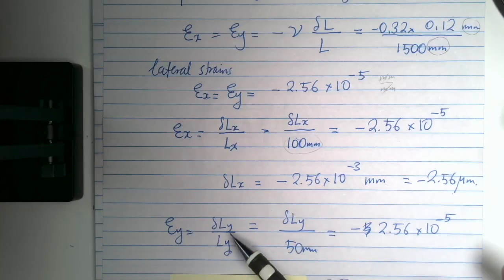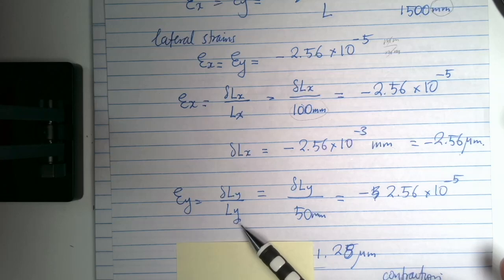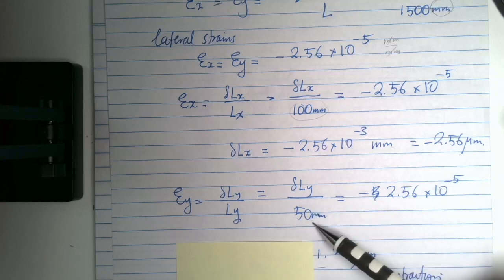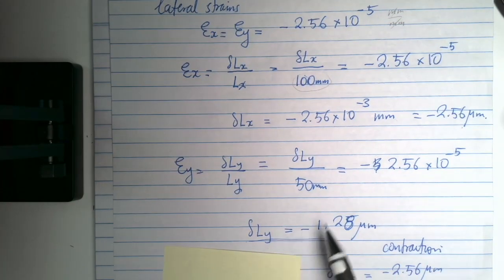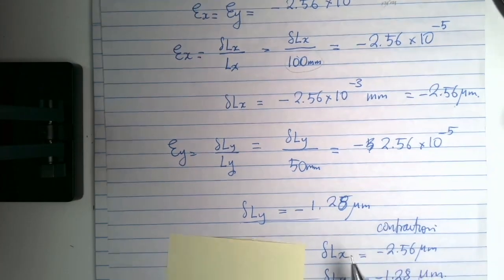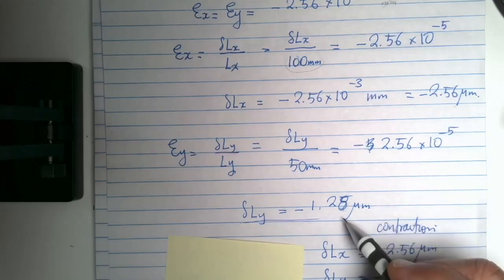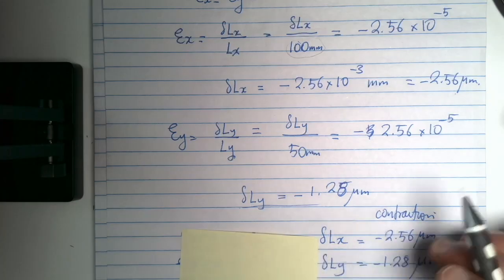Similarly, epsilon y is change in length of y dimension divided by original y dimension. The original y dimension being half the x dimension, change in length in y direction is when you multiply by strain, instead of 100, you have 50. You get half the value, 1.28 micrometers is the change in y dimension.